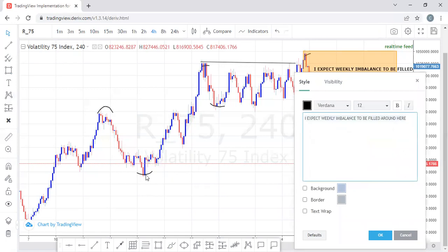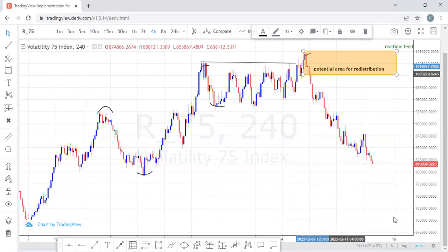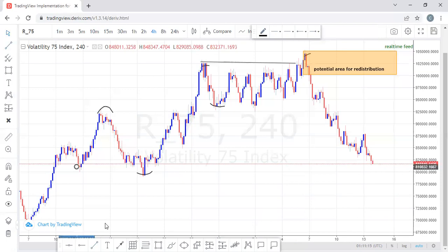Potential area for redistribution. For now, I'm seeing a liquidity sweep at this point here. It's very snappy on this video, so we are expecting the market to tap here.